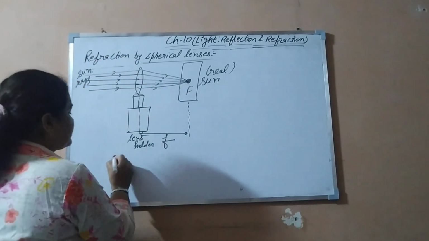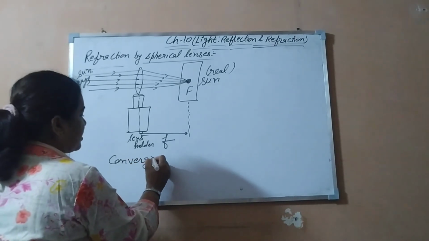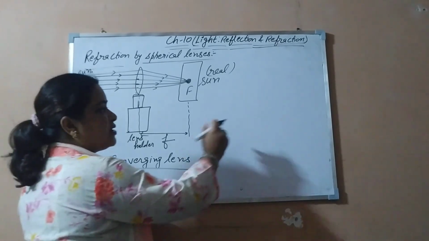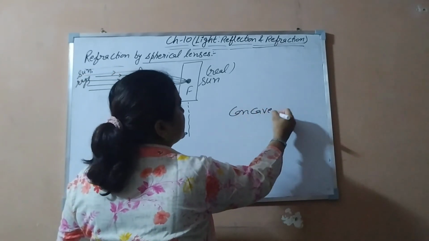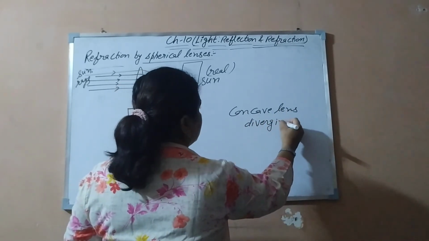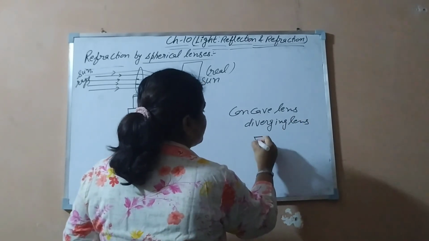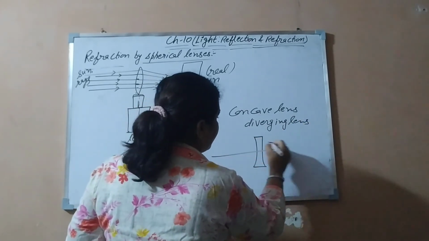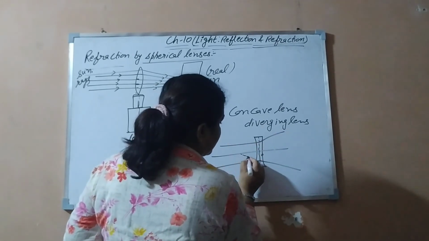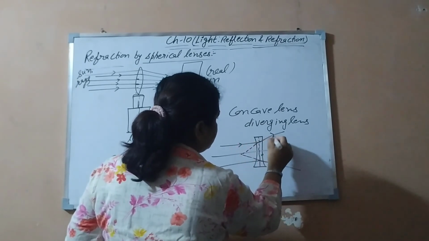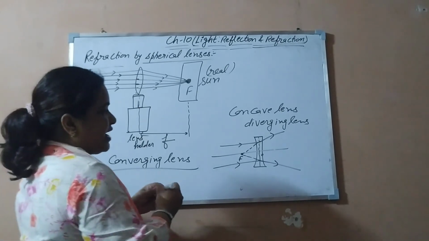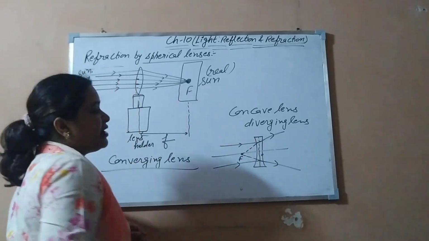That's why a convex lens is also known as a converging lens, and a concave lens is known as a diverging lens. In a concave lens both surfaces are curved inward, so after refraction the rays diverge and appear to diverge from a point. That point is its focus, and it is virtual. So concave is diverging in nature, and convex is converging in nature.